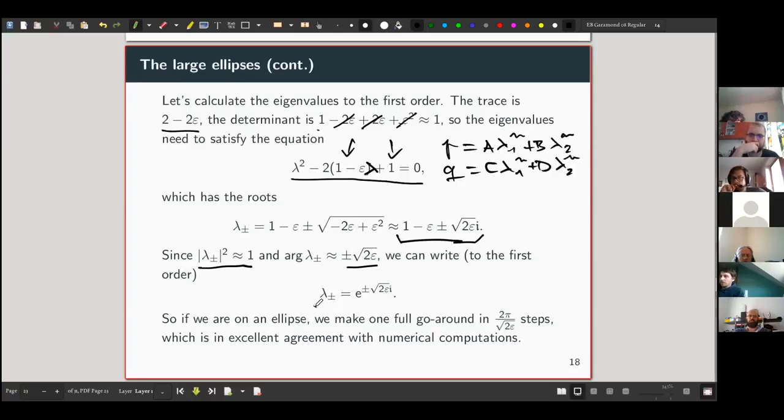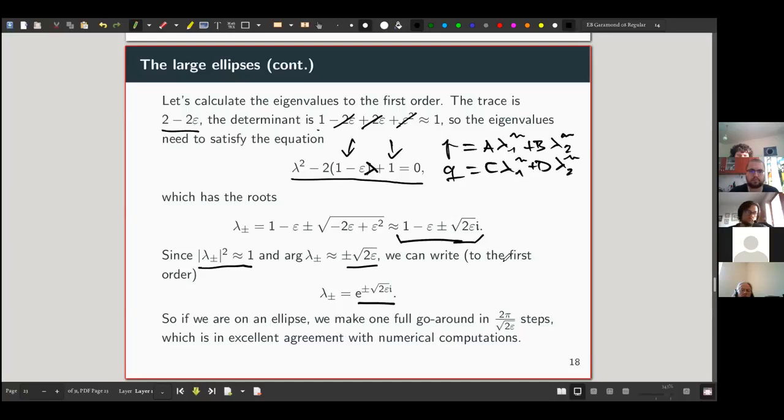So if the eigenvalue is equal to just this complex exponential, it actually means that the solution will be kind of periodic. And this is exactly what we have seen in the images.